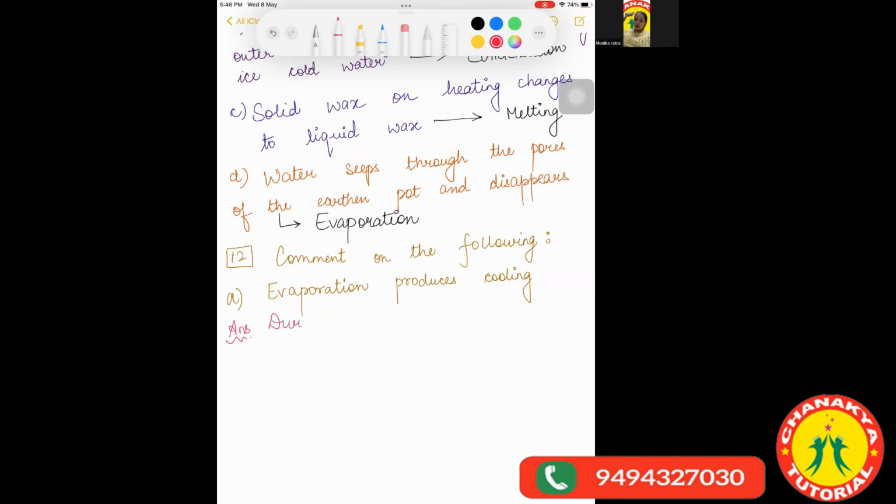So during evaporation, the heat is taken from the surface of the liquid. Since the heat is going, obviously it will lead to the cooling effect of the liquid.